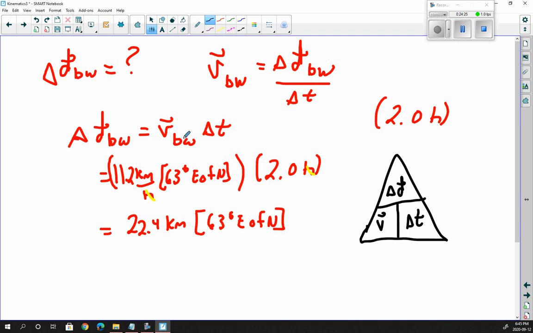So I put in the velocity that I calculated from the previous page. I put in this 2 hour, this arbitrary time that we're just using for this example, and 2 times 11.2 is 22.4. The hours cancel, so it's just kilometers, it's a displacement, and we carry the angle through. And that's how we would calculate the displacement.